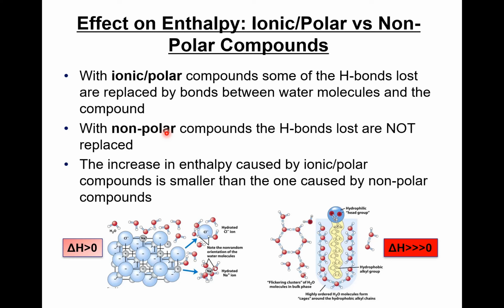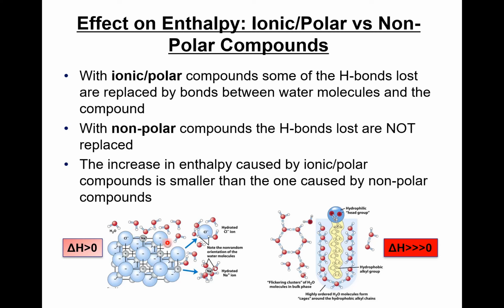All right, so let's look at one component at a time. Let's start with enthalpy. What is the difference between ionic and non-polar compounds, ionic and polar, and so on? So the ionic compounds like this one, what happens there?